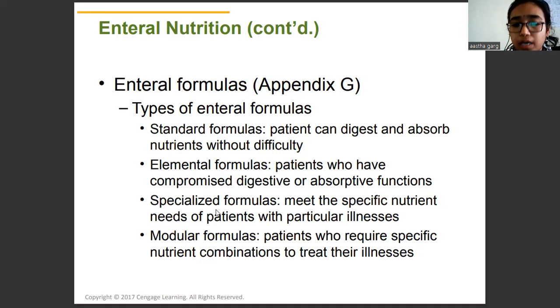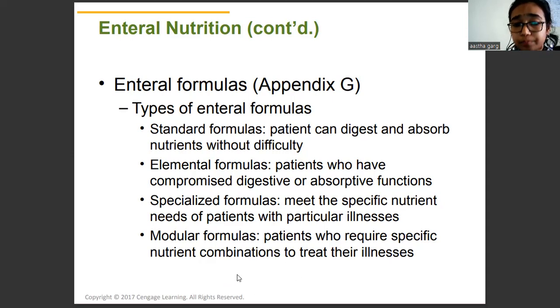Specialized formulas, as the name suggests, are the formulas or the food that are made for some special conditions. These particular formulas are used to meet the specific nutrient needs of patients with a particular illness, like a special formula for a kidney patient, a special formula for a diabetic patient. So these are meant to meet the specific nutritional requirements of the patients.